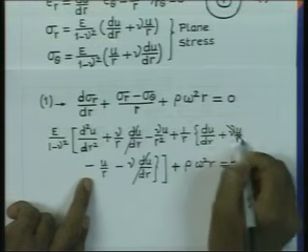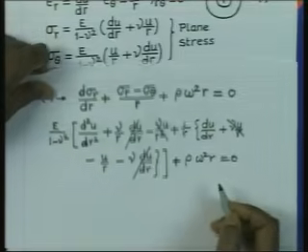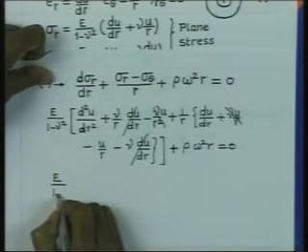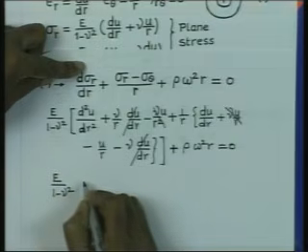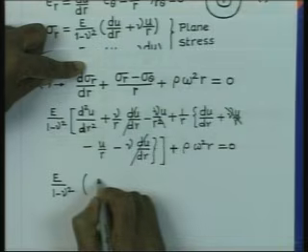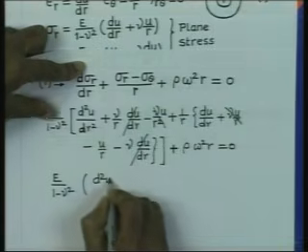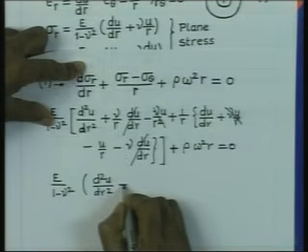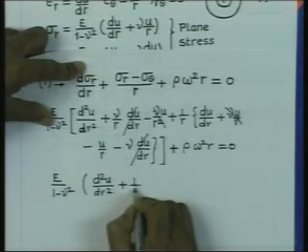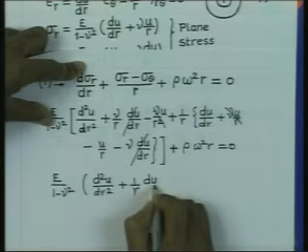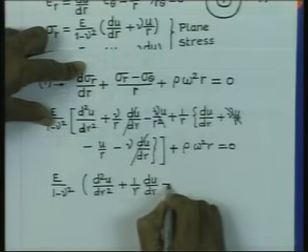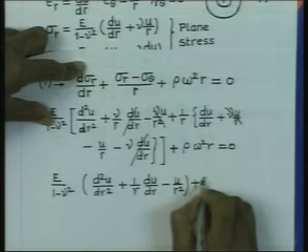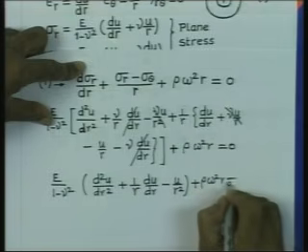Finally, what you find here is that E by 1 minus nu square into d2u dr square plus 1 by r du dr minus u by r square plus rho omega square r is equal to 0.